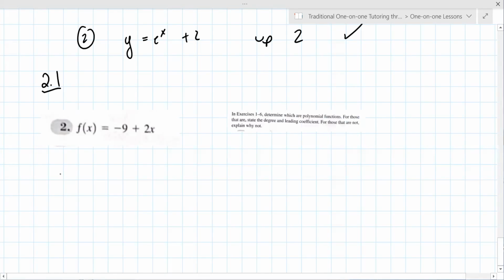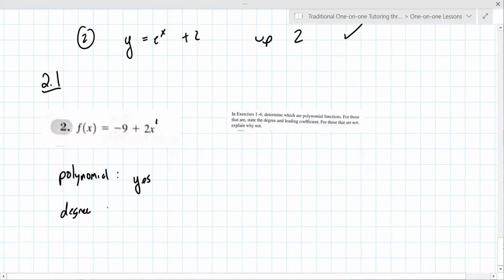All right. So is this a polynomial? And the answer is yes. Until we see an exception, there's nothing to say here, but you're looking for division by x, or x to a negative power, or roots, or stuff like that. So the degree is the largest exponent of x.